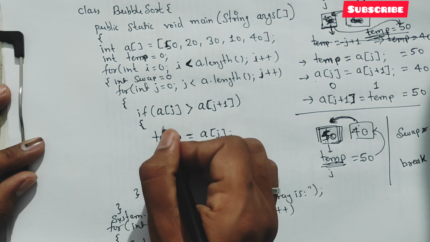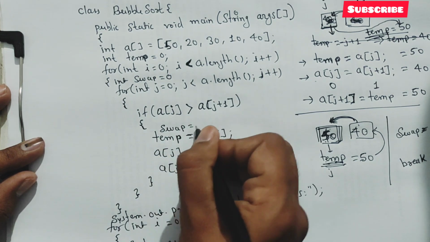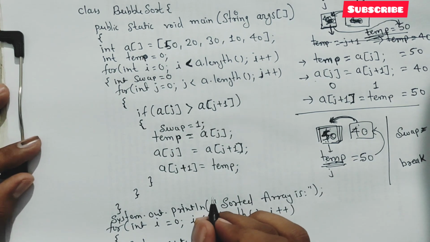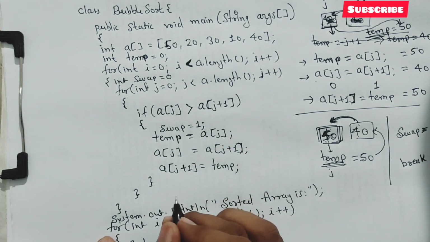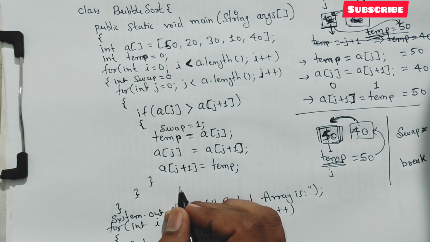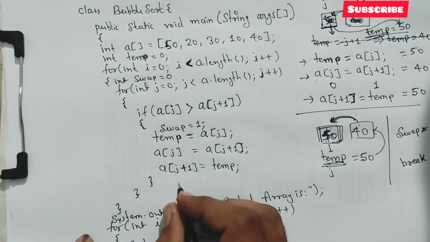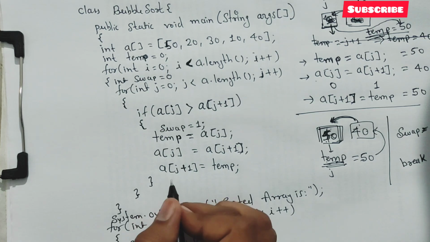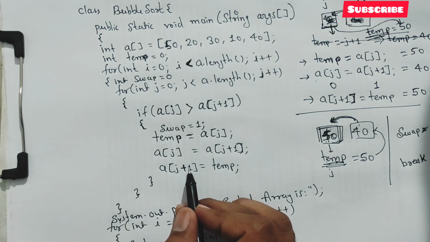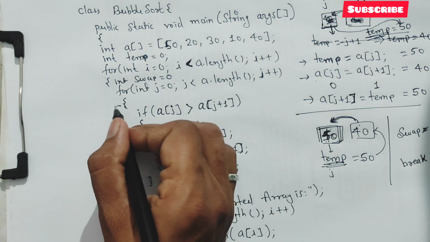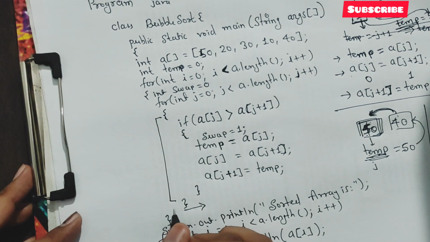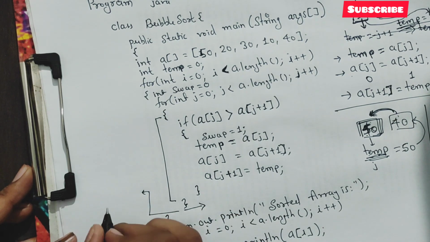And suppose at least one swapping is done, we will set swap equals 1, which shows that swapping is done. If in any iteration no swapping is done, that means our elements are sorted. So rather than going ahead, all other iterations are unnecessary. In that case, after this first loop, here is the code I'm writing.